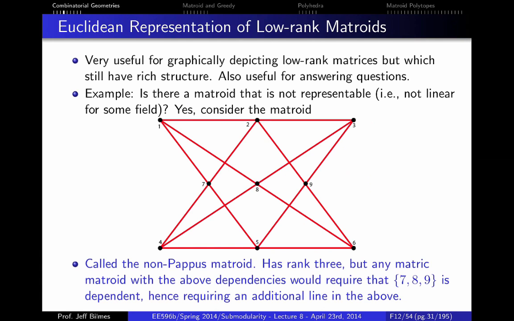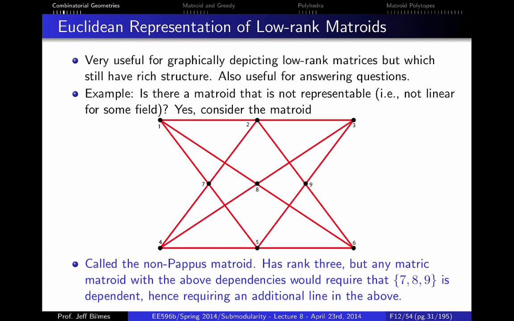So I want to make sure I understand. Could I say, when I see a picture like this, the lines are including the dependencies? The 3 or more points. In this particular case, all 2 points are trivially collinear, but they're independent.